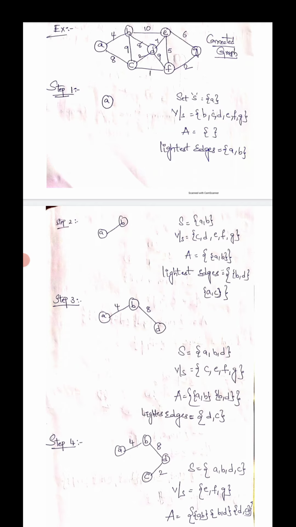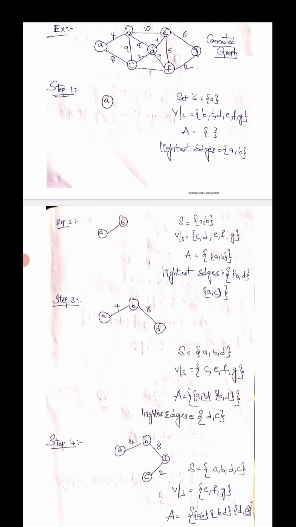The first step lightest edge is A comma B, and then B comma D. This is step 2.